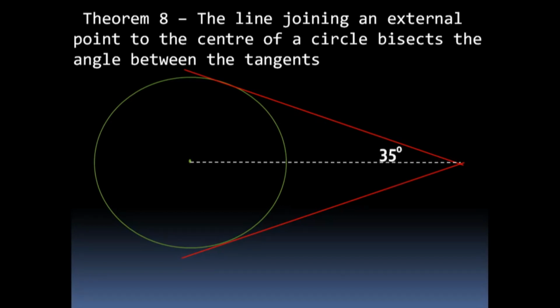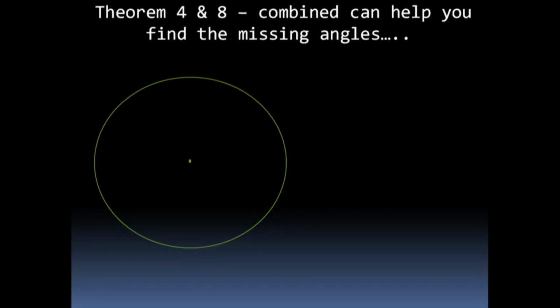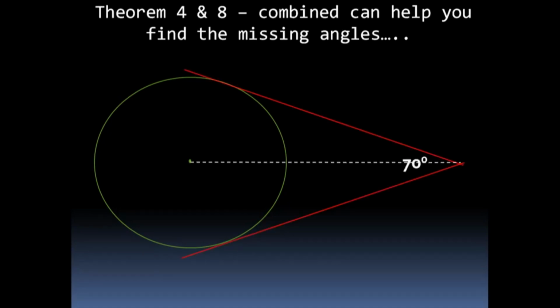So that 70 is divided into two parts now, 35 and 35 degrees. Now we're going to combine theorems 4 and 8 to help us find the missing angles quickly. So that's theorem 8. There's going to be 35 here and 35 down here for sure to give us 70.